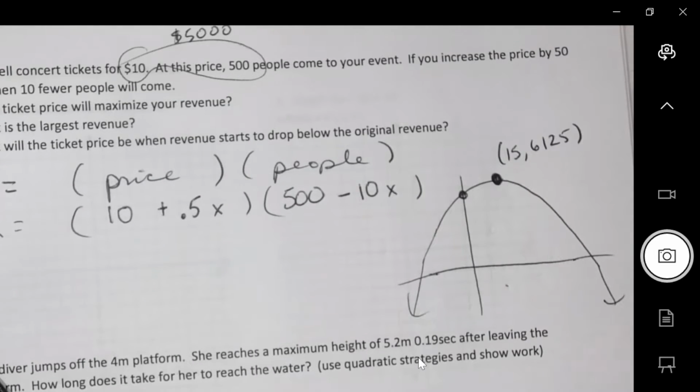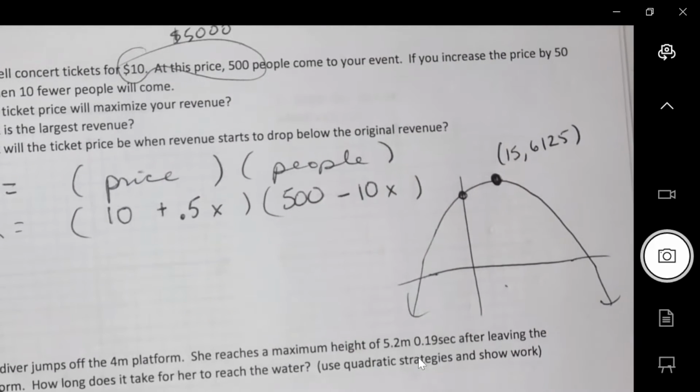On my calculator, I got this coordinate, 15, comma 6125. So that doesn't answer the question though.